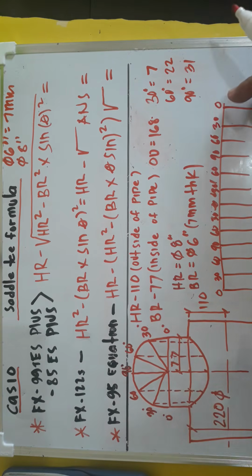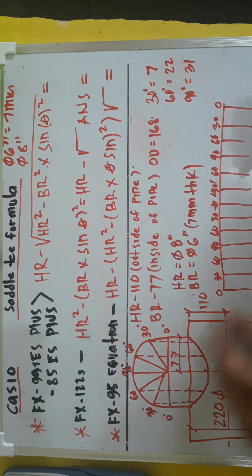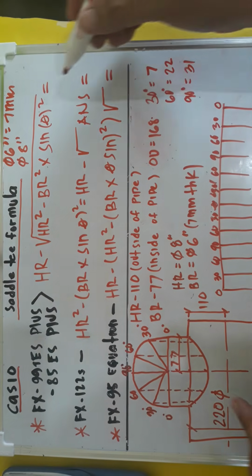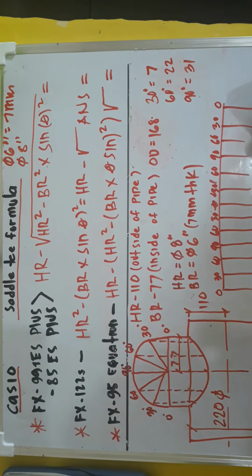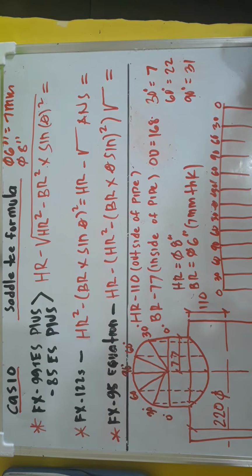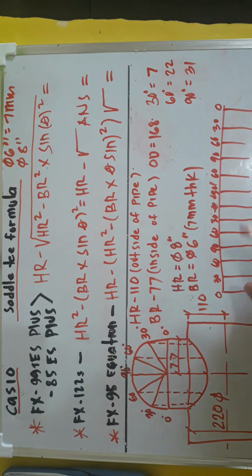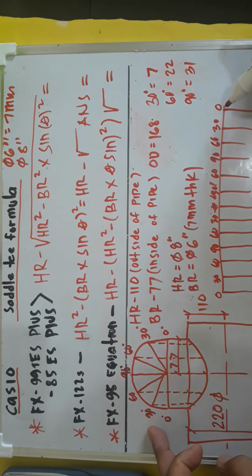So now this is the circumference of the header, which is 168 times pi, or 3.1416, or 3.14. So let us say this is 527. And this starts with the 0, this is 0.